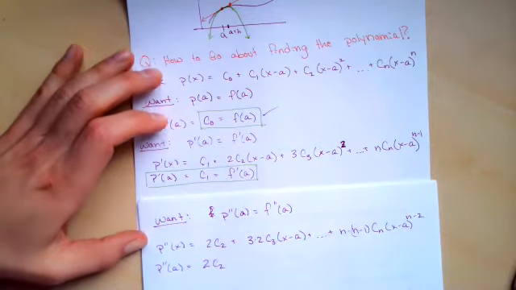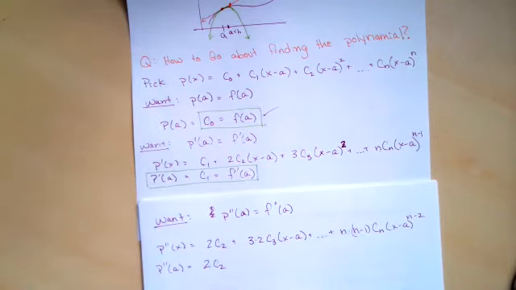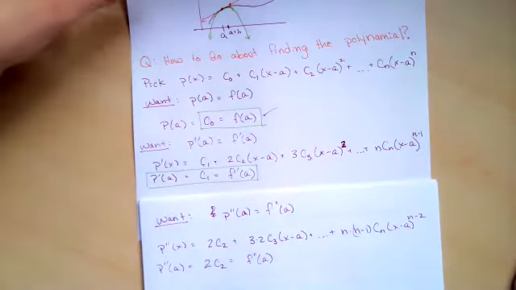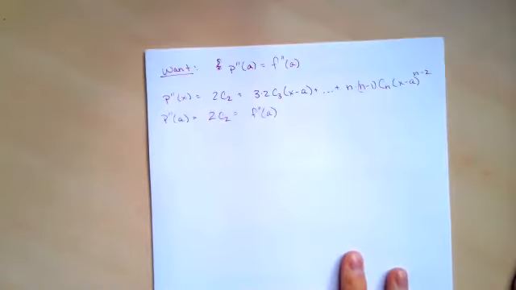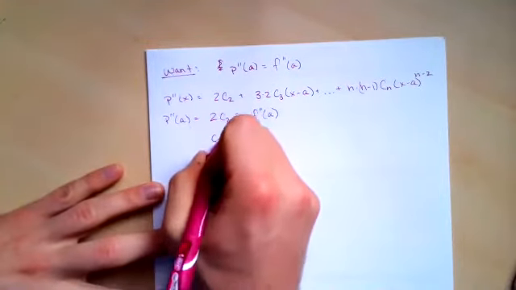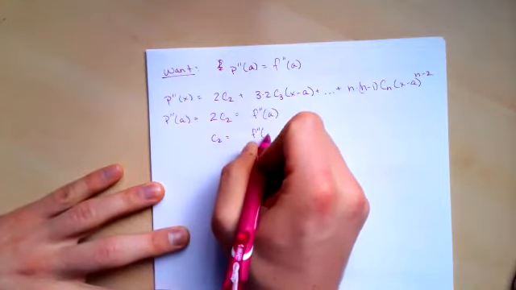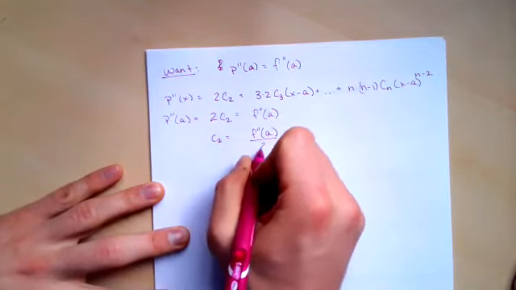Okay, a little bit different pattern than what the previous two were, because I have this 2 there, but it's still just a constant, not too big of a deal. And by this condition, I want 2c2 equal to f double prime of a. In other words, our c2 is going to be f double prime of a over 2.